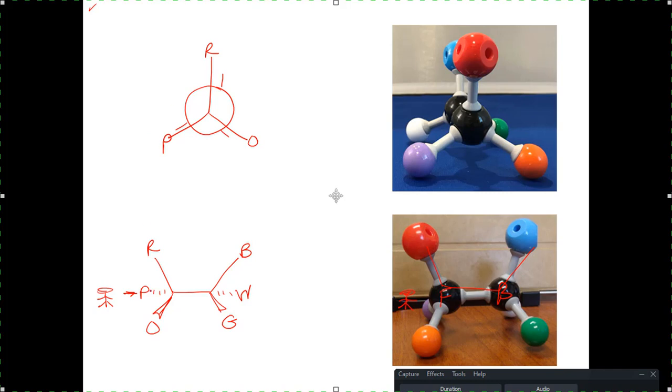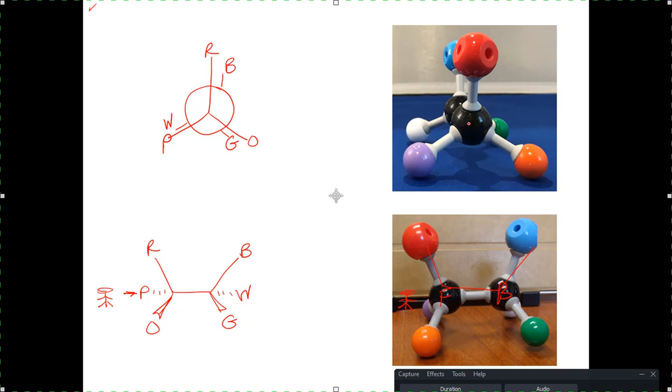On the back carbon, the purple and the white group are both on the same wedge, so they are eclipsing. The orange and the green are both on the same wedge, so they are eclipsing. And the red and the blue are on the same kind of wedge, which is a regular bond. They are eclipsing each other, and this is my viewpoint.